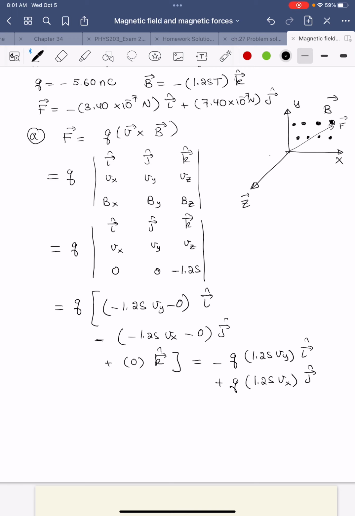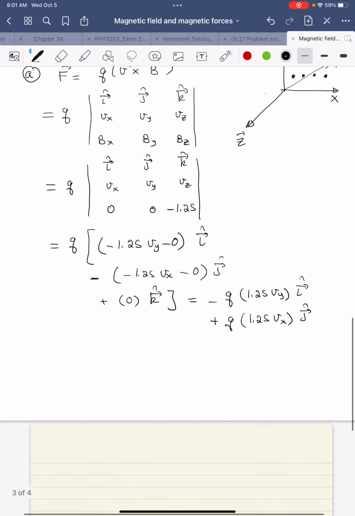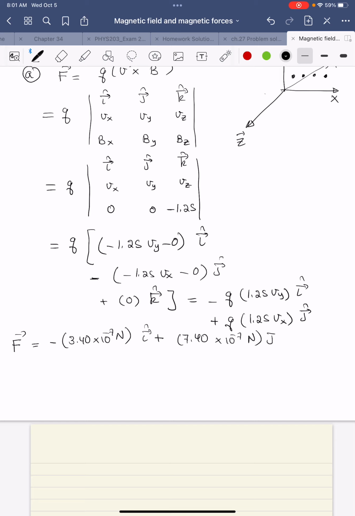Also, known information here is that F is negative 3.40 times 10 to the negative 7 newtons i plus 7.40 times 10 to the negative 7 newtons j.